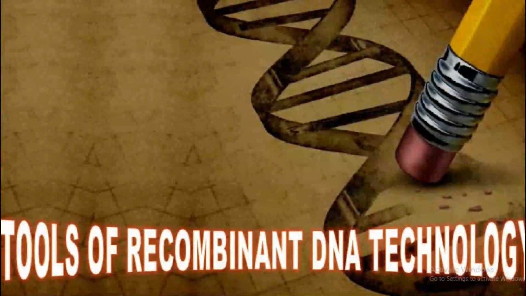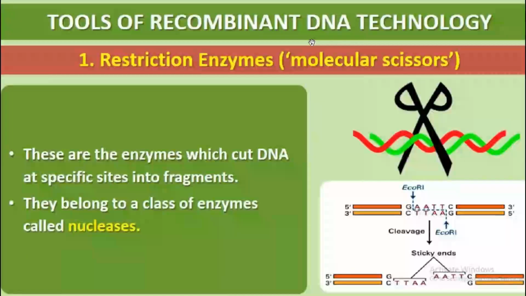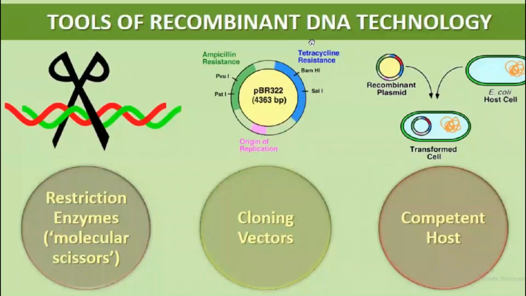Tools of recombinant DNA technology. The three important tools are restriction enzymes, cloning vectors, and competent host. From this illustration, it is able to understand what is the purpose of this enzyme.